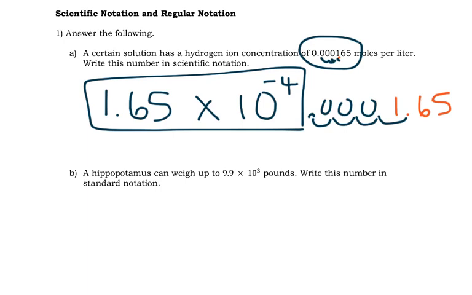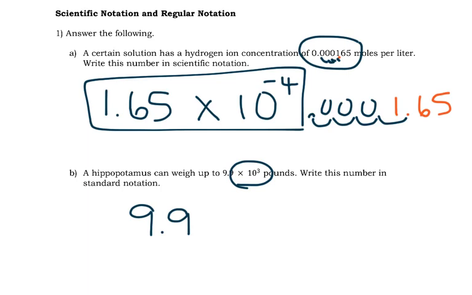Part B. A hippopotamus can weigh up to 9.9 times 10 to the third pounds. Write this number in standard notation. So now we're in scientific notation and we want to write it in regular or standard notation. We start with 9.9, and I see this times 10 to the third.